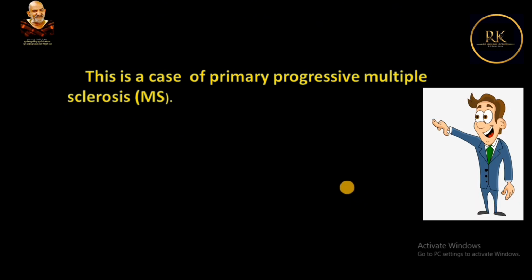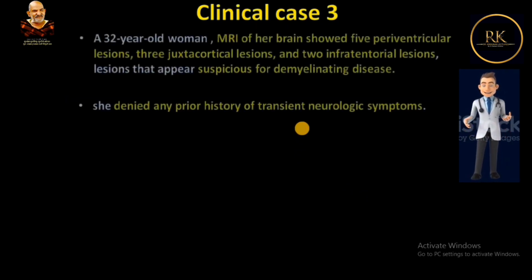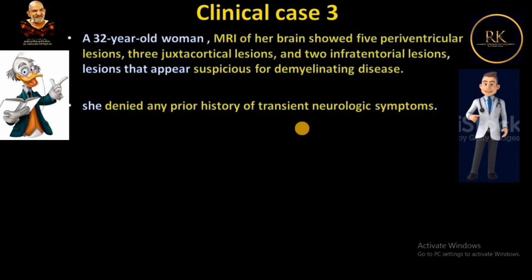Now again come to clinical case 3. A 32-year-old woman has an MRI of her brain that shows 5 periventricular, 3 juxtacortical and 2 infratentorial lesions that appear suspicious of demyelinating disease. She denies any prior history of transient neurological symptoms.